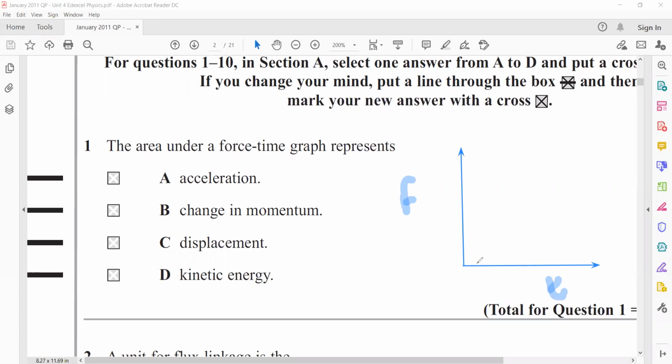The area of any graph is the quantity on the x-axis multiplied by the quantity on the y-axis, whereas slope is the ratio of the two quantities. So the area of force multiplied by time, as we know, is impulse. Impulse is a change in momentum. So B is the right answer.